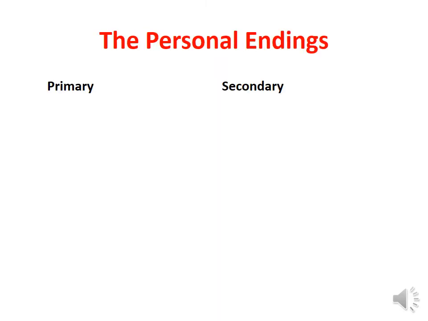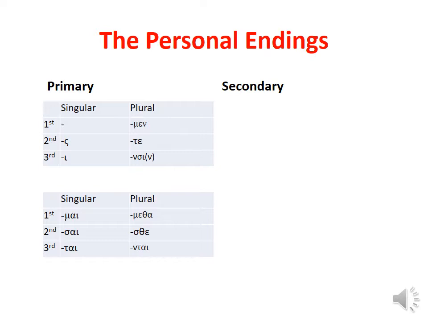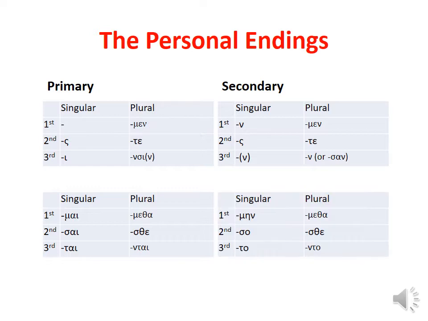Let's review our 4 sets of personal endings. We have a primary active set, and one of our favorites, the primary middle passive set. Mai, sai, tai, methistat, and tai. All past tenses will use the secondary personal ending. So here's the secondary active, and now the secondary middle passive.